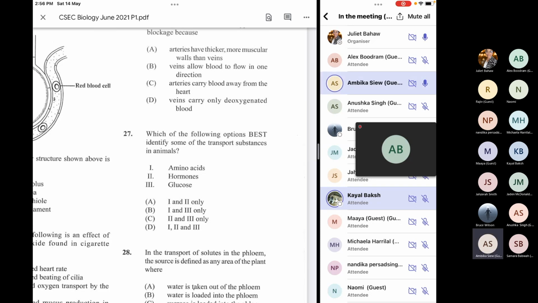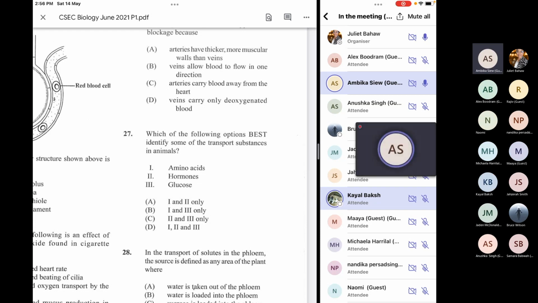Which of the following options best identifies some of the transport substances in animals? D. Very key here is animals. Animals do transport. Oh, right. Now, be very careful. They have the same question, and instead of glucose, they had sucrose.